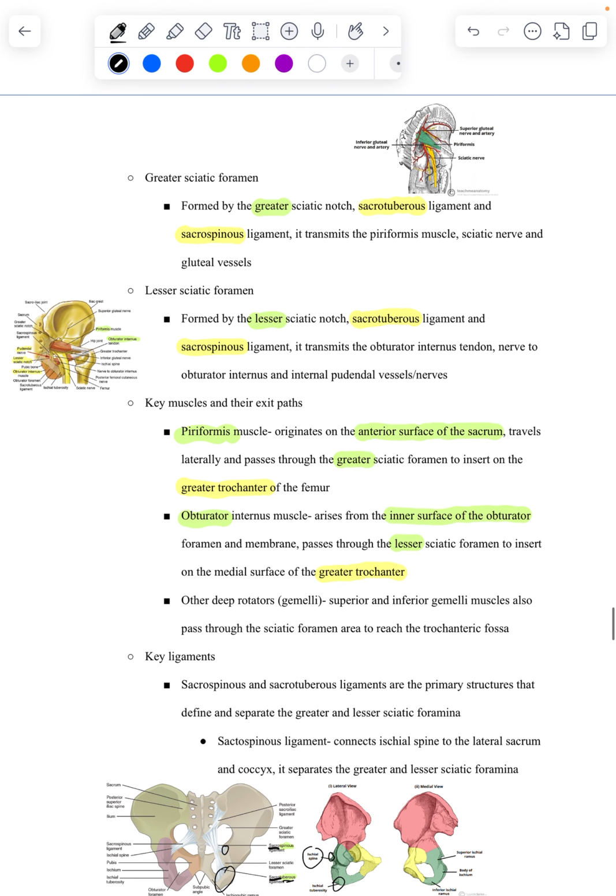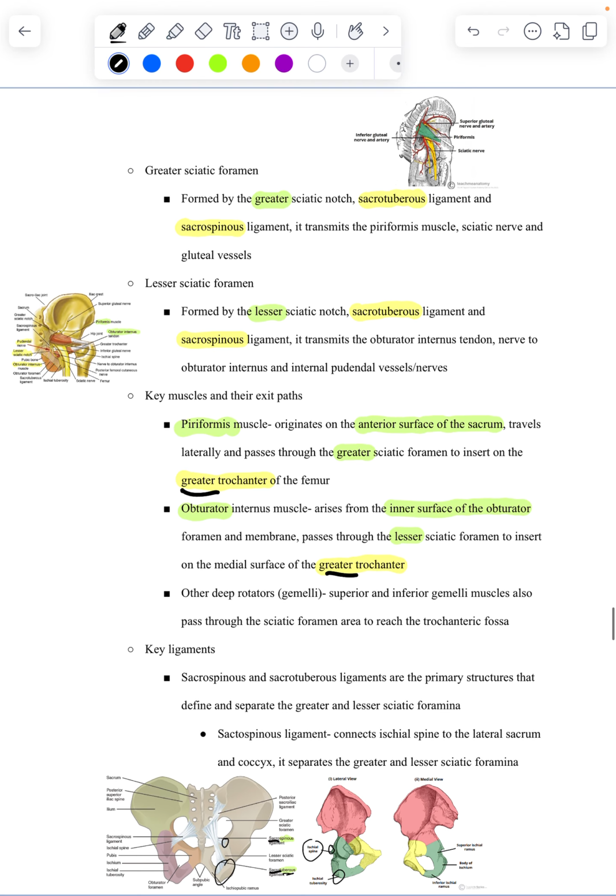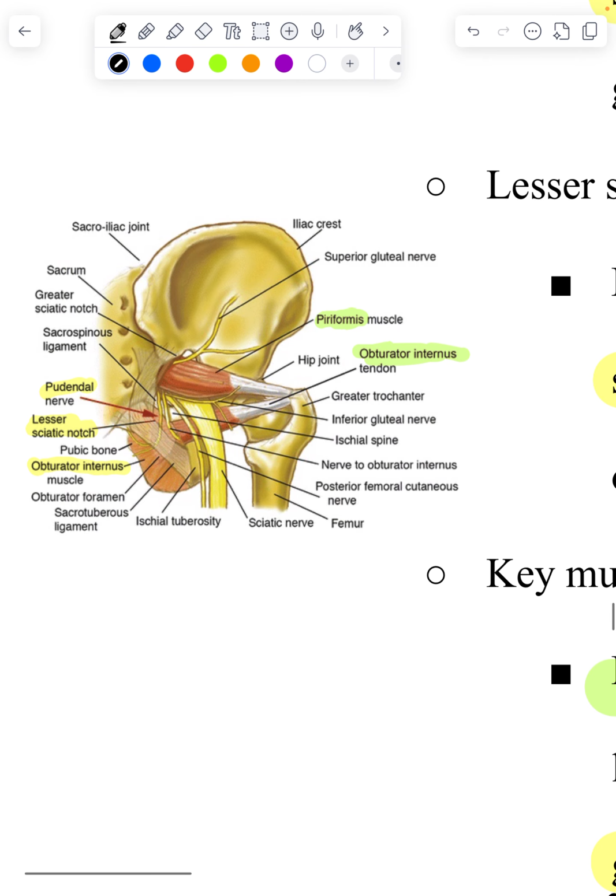They both attach to your greater trochanter. So you can see over here, this right here, going through the greater sciatic foramen, is the piriformis going to the greater trochanter. Obturator internus, this muscle right here, also goes to the greater trochanter. But they go through different foramens. So going through the lesser sciatic foramen, going through the greater sciatic foramen.